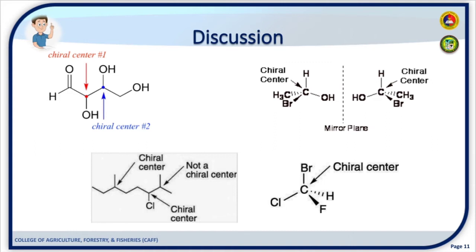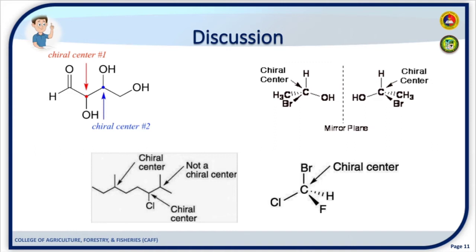Therefore, the substituents of chiral center number 2 are first chiral center number 1, whose substituents you already know, next the OH group on top, third the hydrogen atom below, which is not drawn, and lastly the carbon atom with the OH group on the right side. Now, I want you to examine the remaining molecular structures by yourselves.